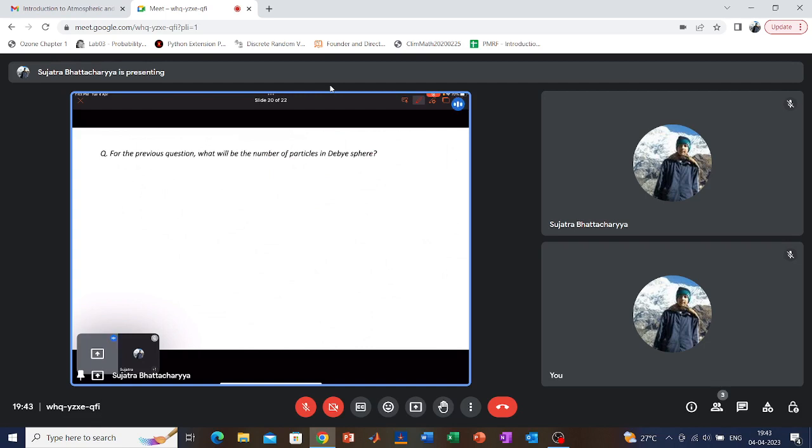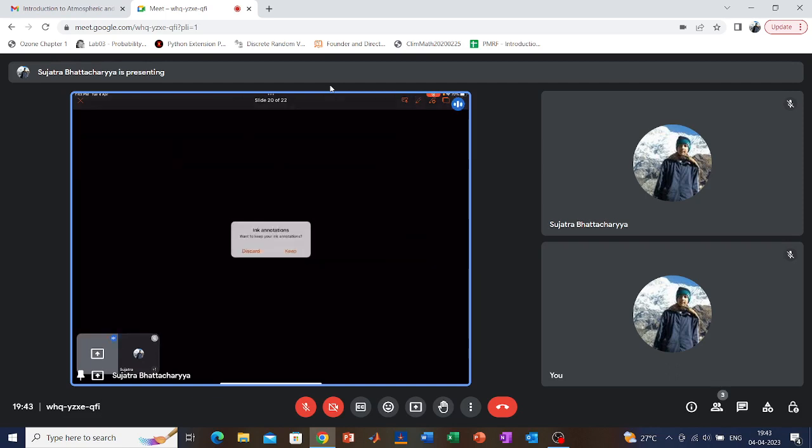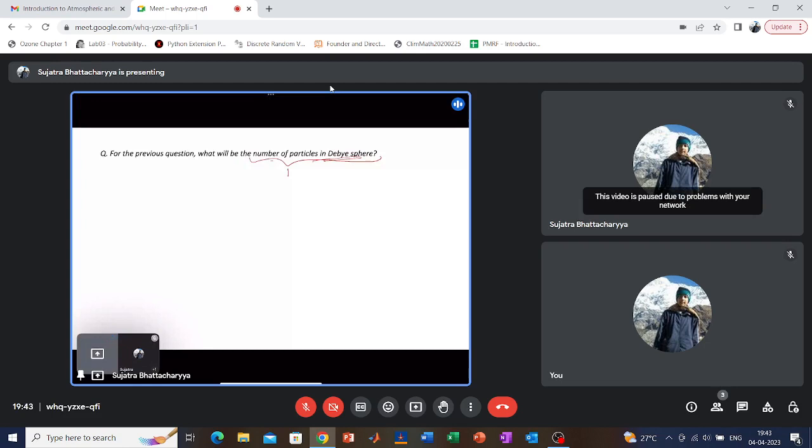For the previous question, what will be the number of particles in the Debye sphere? This number of particles in the Debye sphere is nothing but the lambda parameter or plasma parameter.